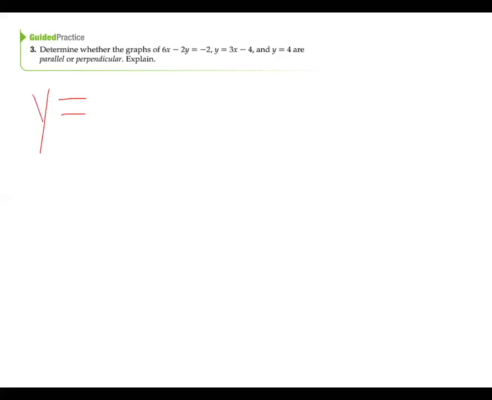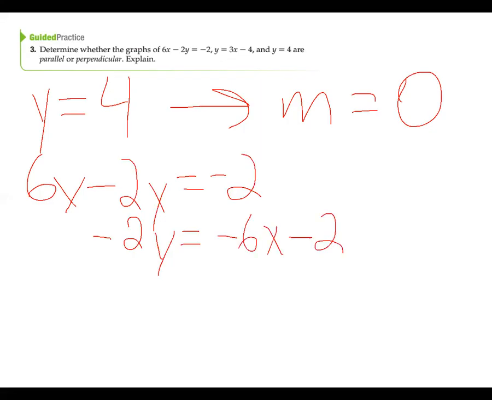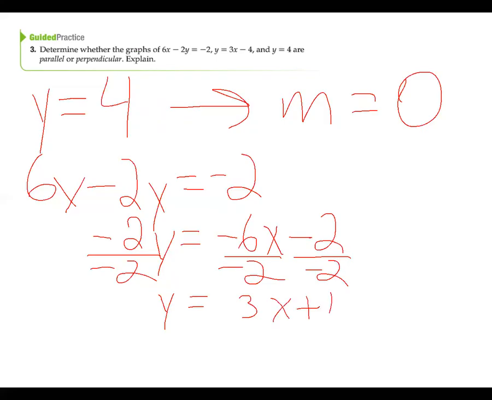If you look at y equals 4, the slope is going to be 0 because it's a horizontal line. The next one, 6x minus 2y equals -2, you have to solve for y, so subtract 6x. So it's going to be 2y equals -6x minus 2, and then divide everything by -2, and you would get y equals 3x plus 1.